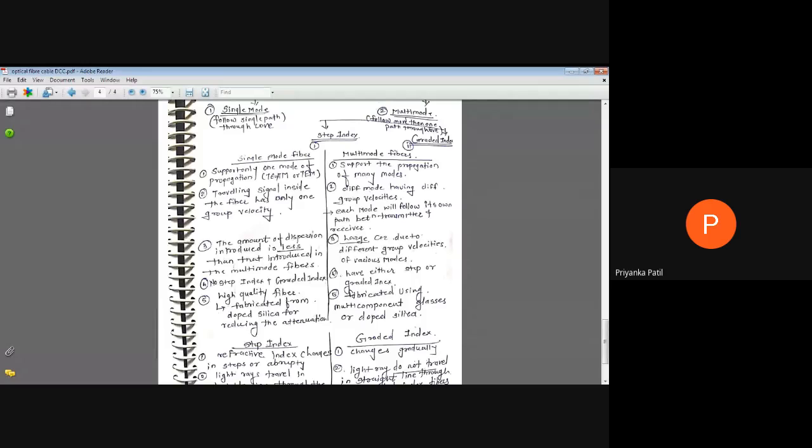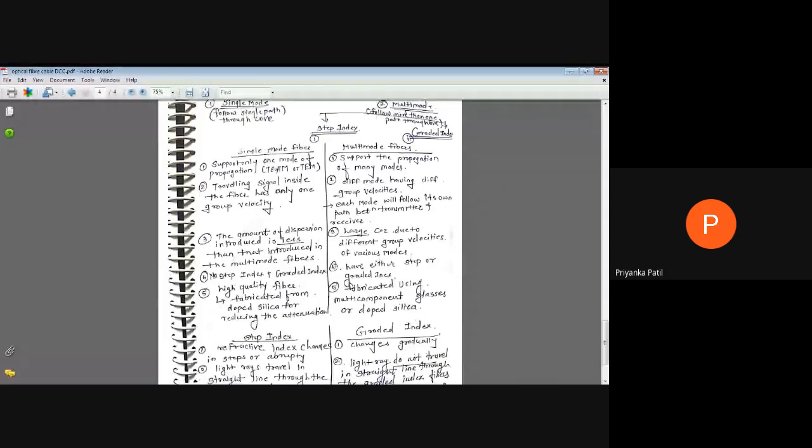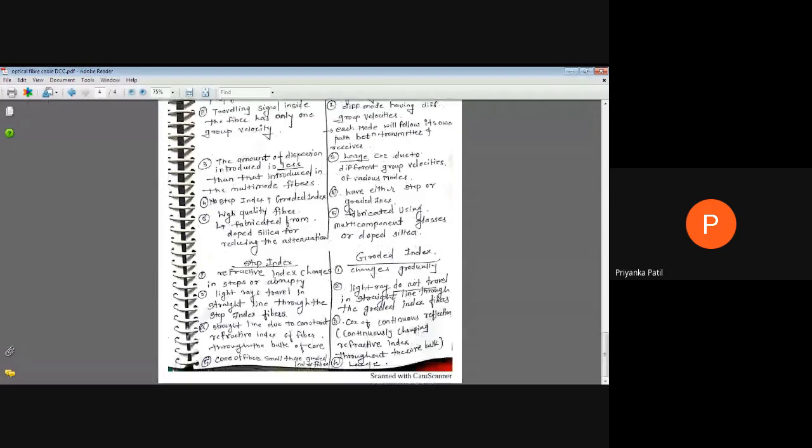Next is the difference between step index and graded index. Basically, the step index has a refractive index which changes step by step, but in the graded index, the refractive index changes gradually, which totally depends on the communication.